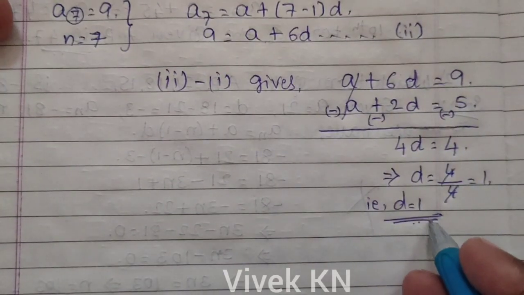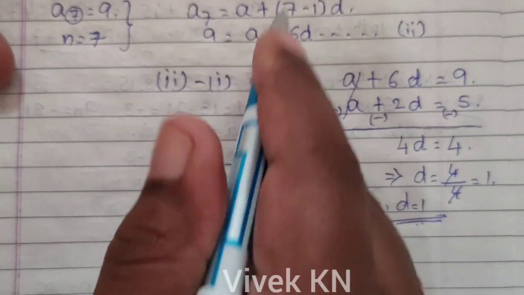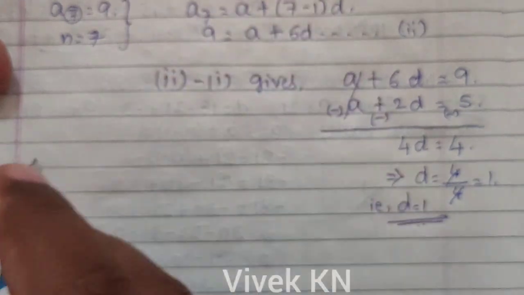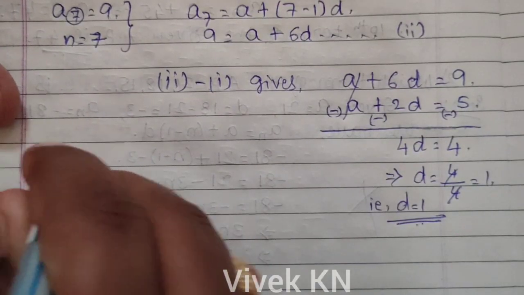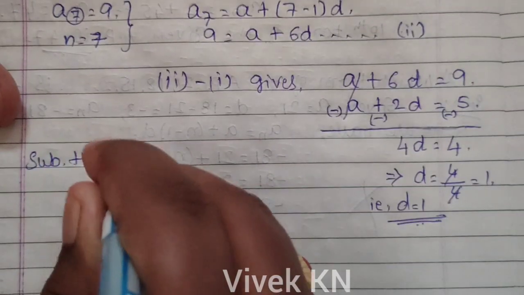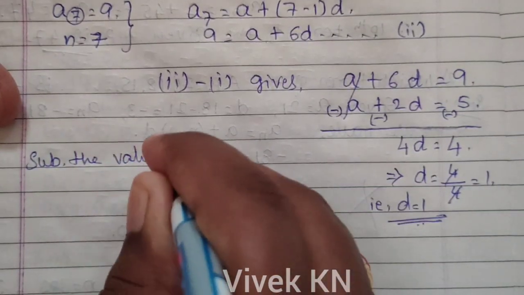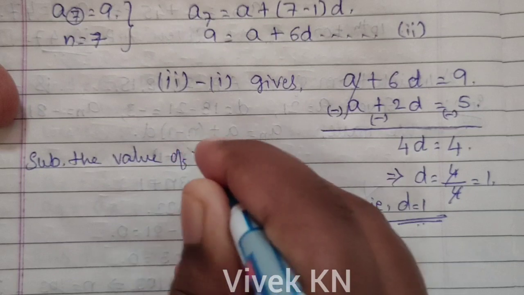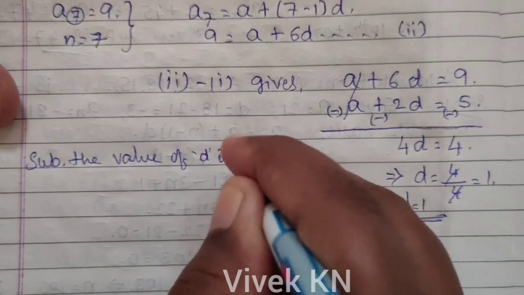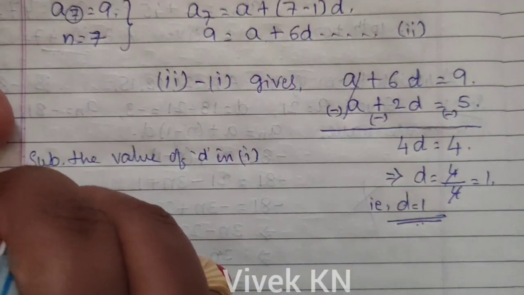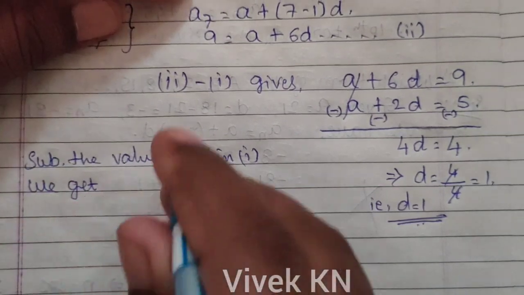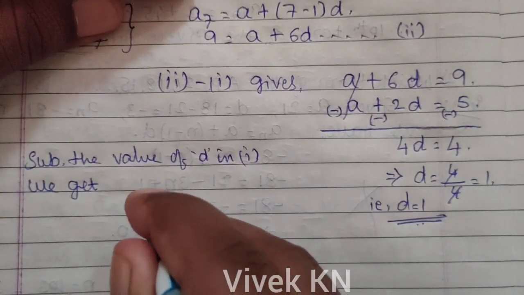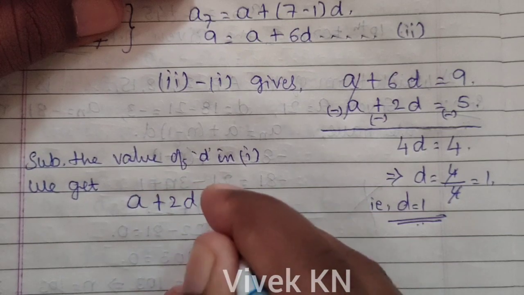Substituting the value of d either in equation 1 or equation 2, we get a value. So substituting the value of d in equation 1, what is equation 1? a plus 2d is equal to 5.